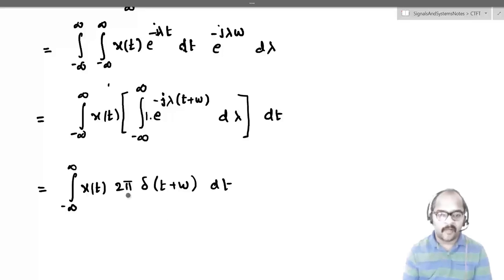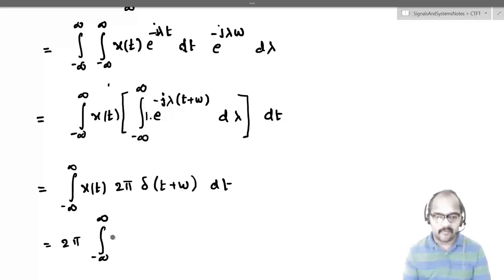So we get 2 pi times the integral from minus infinity to infinity of x of t delta of t plus omega dt. The 2 pi is a constant, so we keep it outside.